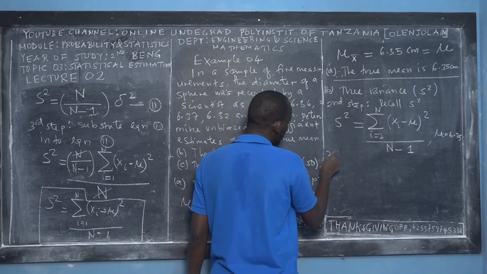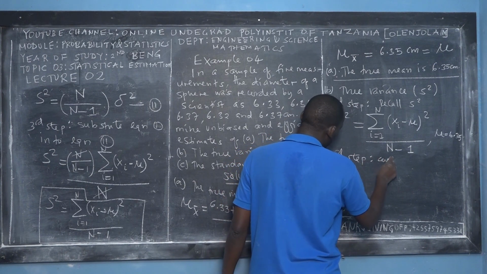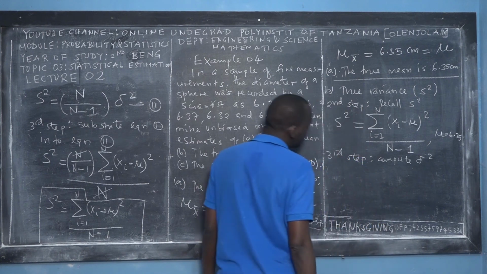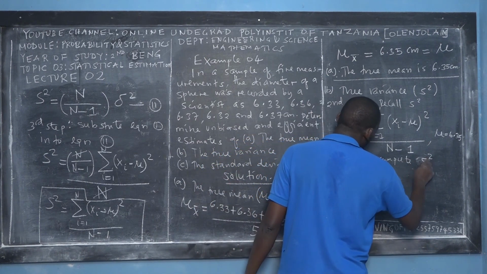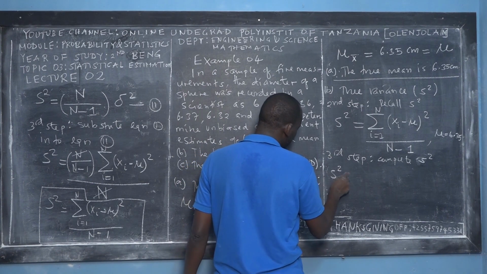So after recalling the formula, we have to compute it. You have to compute the variance, the true variance, which is S squared. This is the way that we compute.